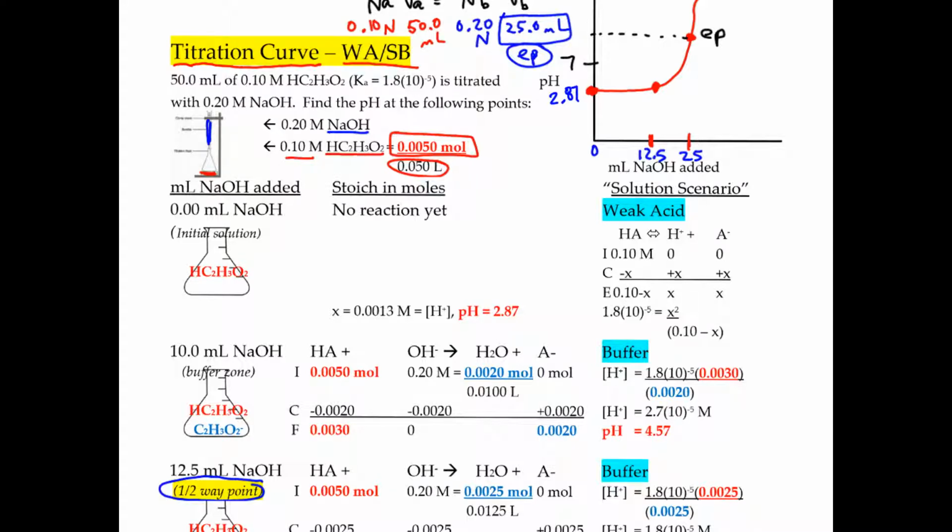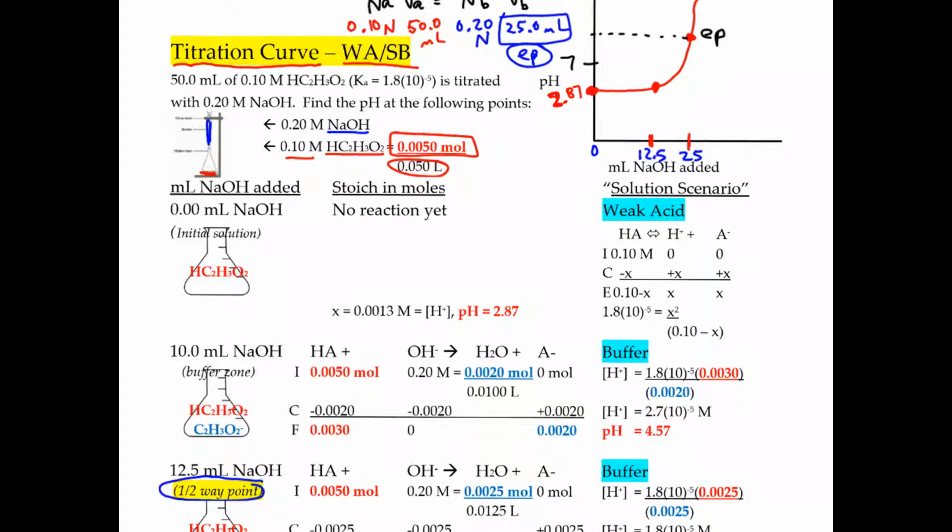I'm going to do that in red just to highlight that as an acid. So we're going to write 2.87 here. That's our initial pH for the weak acid.